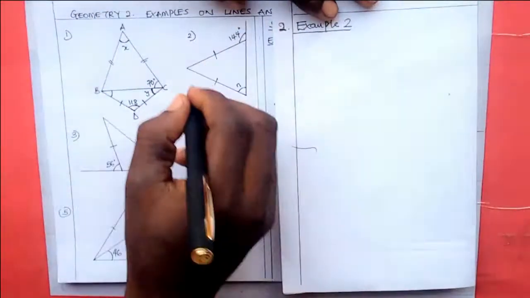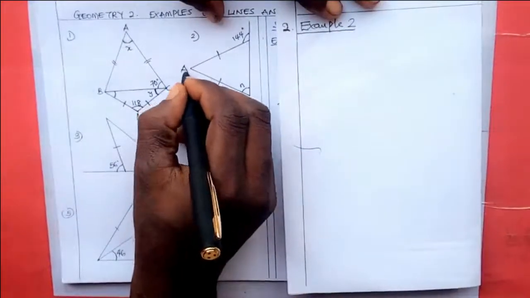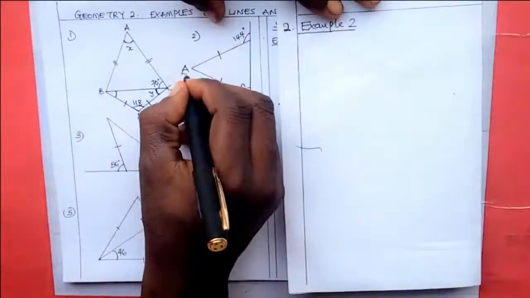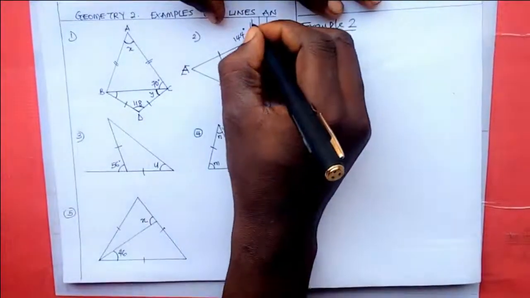So I will label the line segments that form the triangle E, F, G, H.